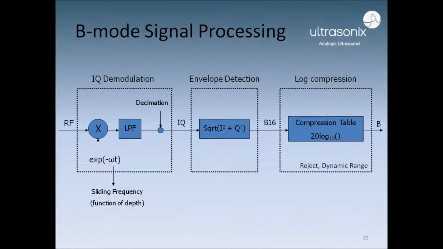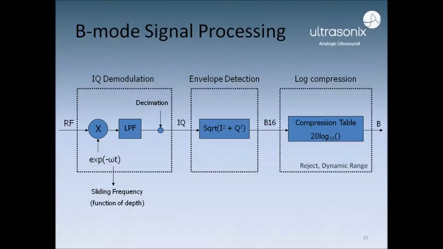That's why we use a sliding frequency for IQ demodulation. After the demodulation, the signal is low-pass filtered to reduce the noise and prevent aliasing from downsampling. Then it is downsampled by a decimation factor. These steps constitute the IQ demodulation. The result is an IQ signal pair which is in the baseband.